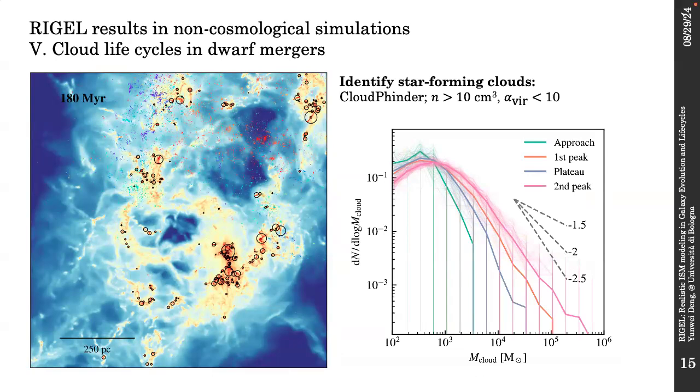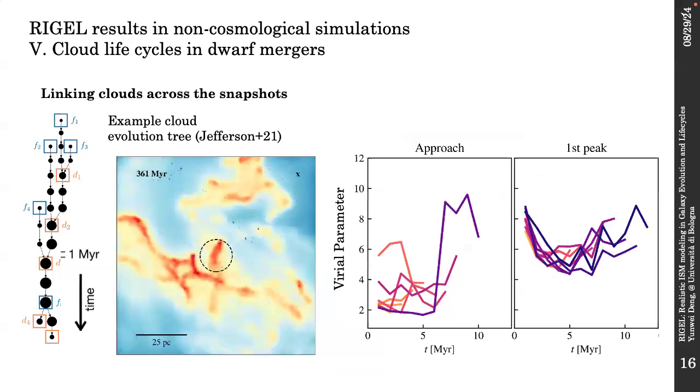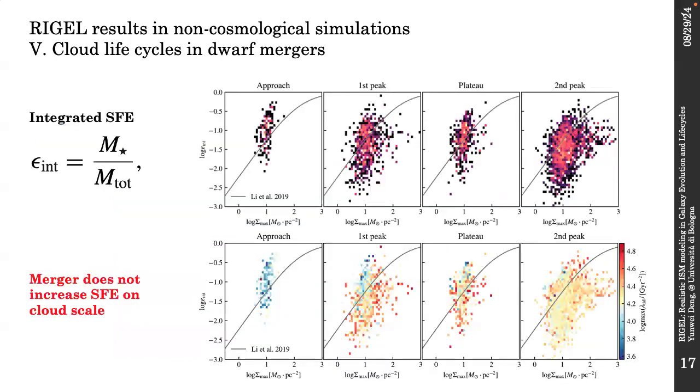This is an example, the black circles are the clouds, and this is the cloud mass function. You can see during the merger, I have a flatter cloud mass function, which means I have more cold clouds for star formation. Indeed, we have more gas fuel in the merger. But what about the star formation efficiency? I will jump to the last slide to see this.